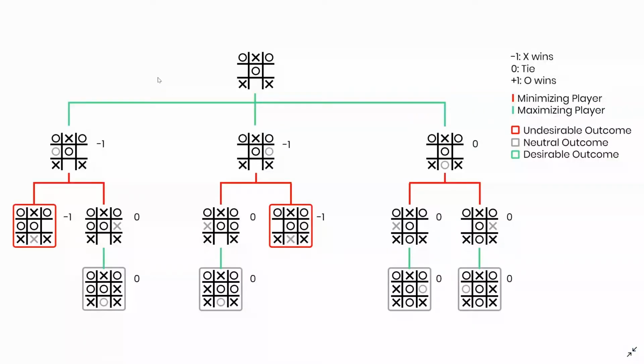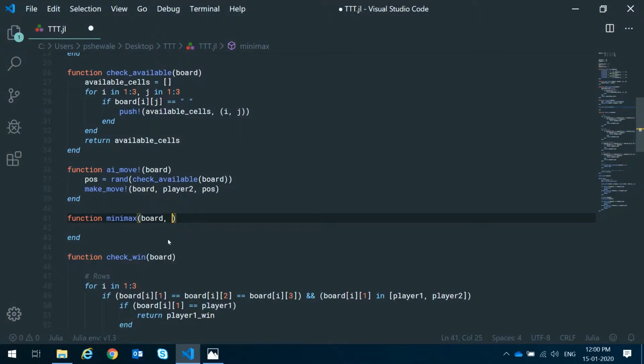Look at this: here the depth will be 1 because we're probing one layer into the future. Here the depth will be 2 because we're probing two moves into the future, and this depth will be 3 because we're probing 3 moves into the future. So we need a depth to keep track of what depth we're actually at, because that'll be helpful.